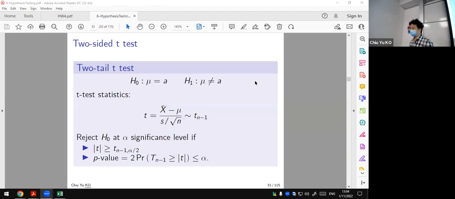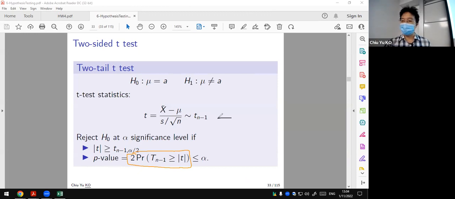So let's do the two-tail test. The only thing you have to remind yourself is the p-value is 2 times the one-tail one. The reason is that you put alpha on both sides, so actually you compare alpha over 2.